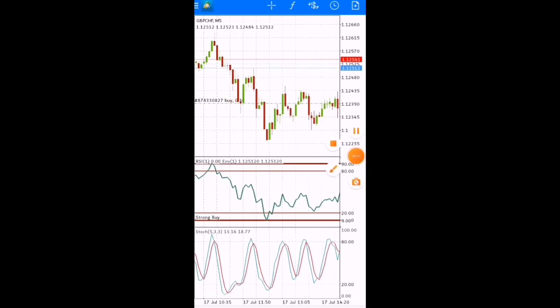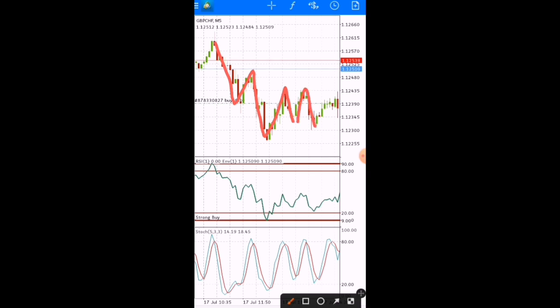Price was trending downwards. Okay, downtrending, and then price pulled back. Pulled up, pulled back, failing to close below this key level is an indication that price could be reversing.